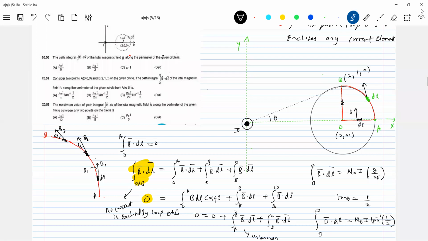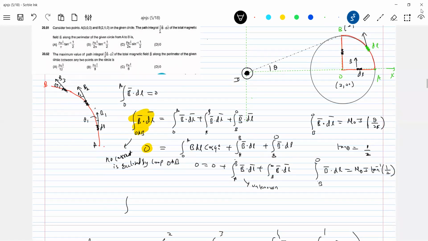But we have to calculate AB, no? So according to this formula, you can write here, integral from A to B of B bar dot DL is equal to minus of integral from B to O of B bar dot DL.